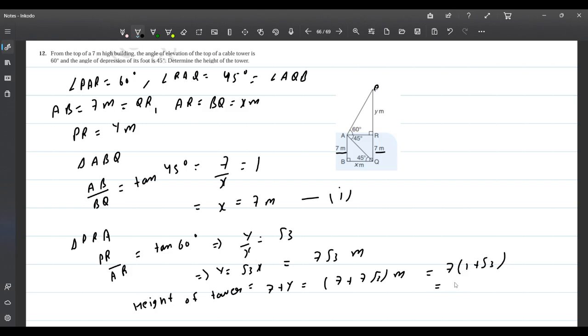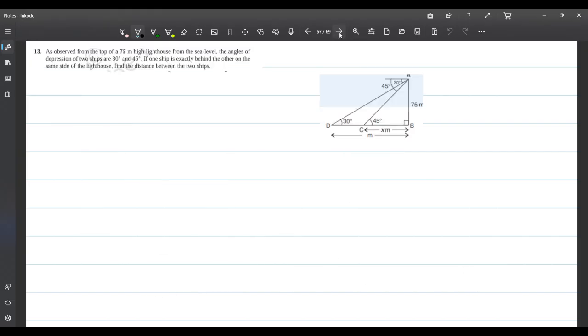So this is equal to 7 into 2.732, which is equal to 19.12 meters. Now move to the next question.